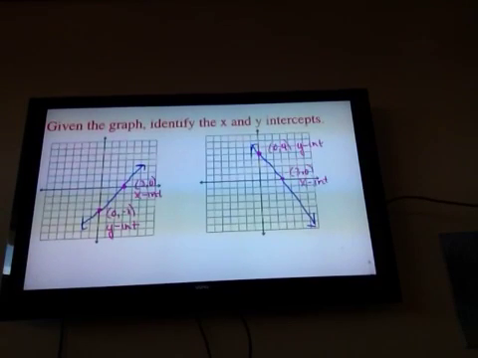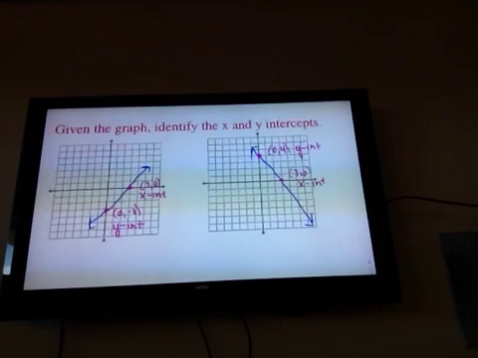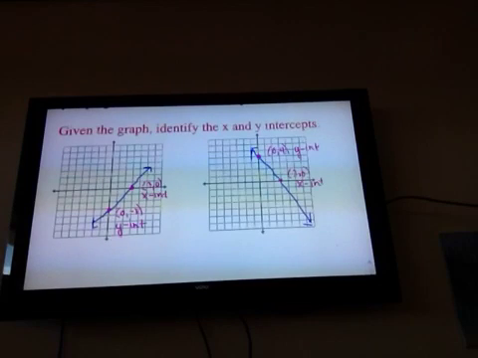I just use the word crosses. Some questions about what an x- or a y-intercept is. Some clarification on that. And that's all you have to do, just find out where they are. But it's important to know where they are in a graph to do my next part.